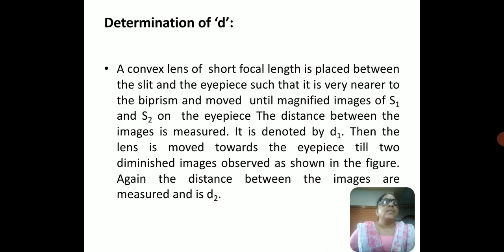We then measure the distance between the magnified images, say that is D1. Then the lens is moved towards the eyepiece till we get diminished images, as shown in the figure. Again, the distance between the images is measured, say that is D2.